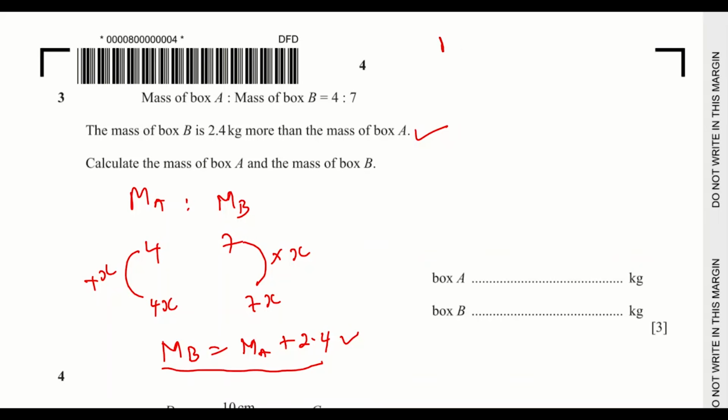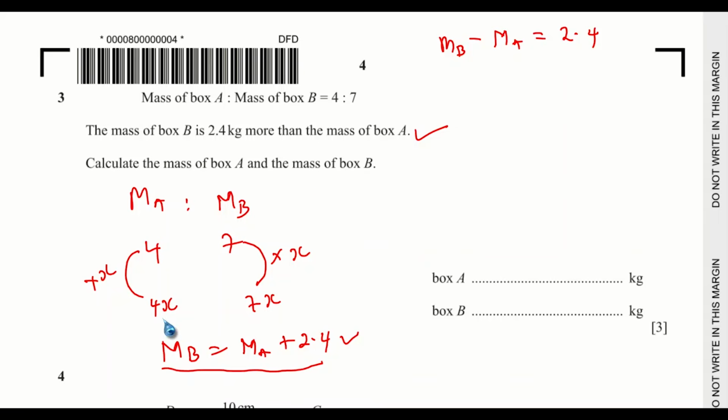So we can say that the mass of box B minus the mass of box A will be equal to 2.4. That is the difference between their masses. So we can now use this.